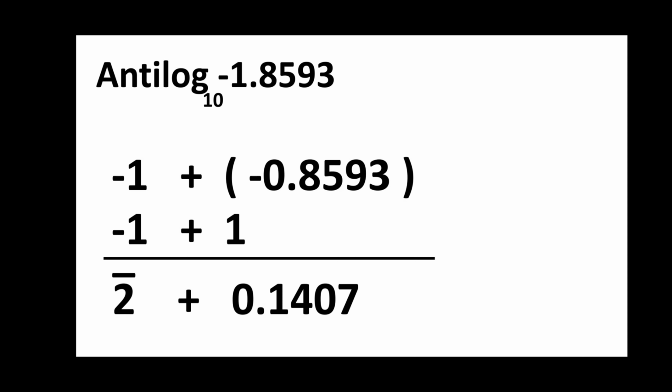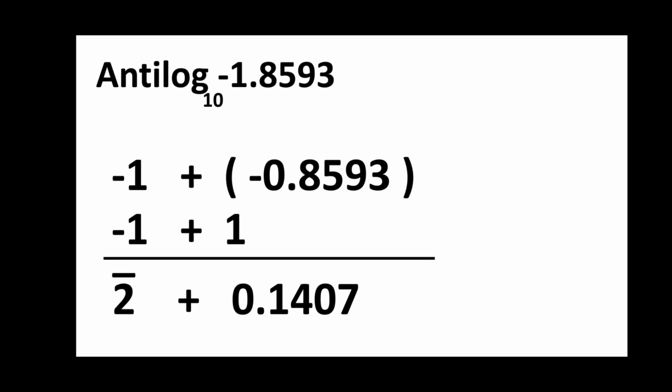Now, for this number, add 1 and subtract 1. Calculate this now, and minus 2 is written as 2 bar, and 1 minus 0.8593. By calculating this, we get 0.1407.